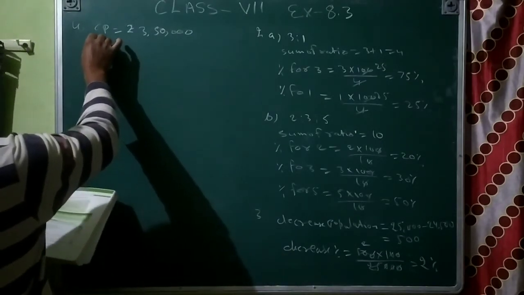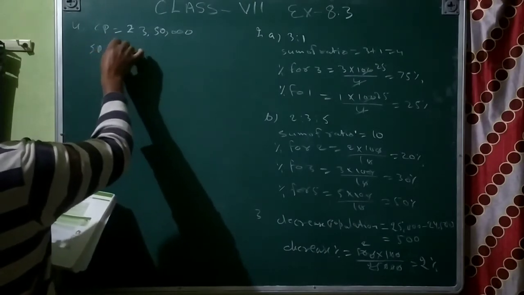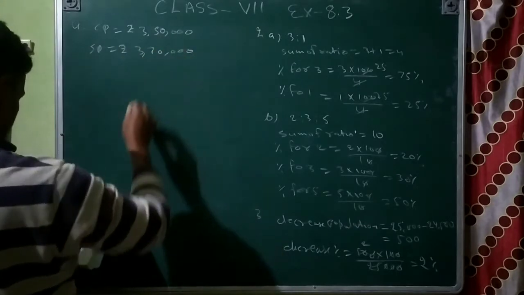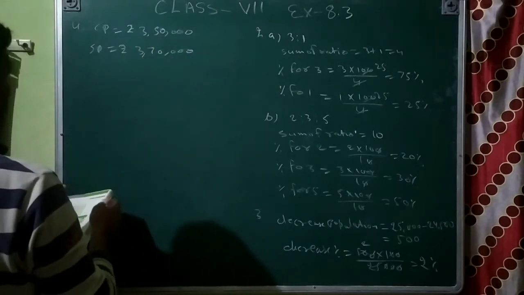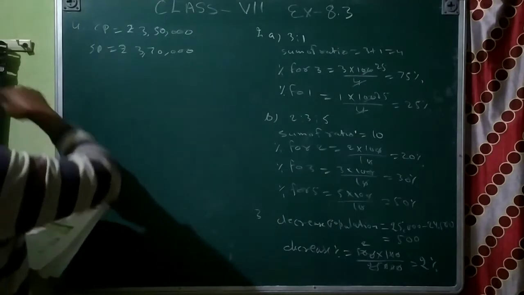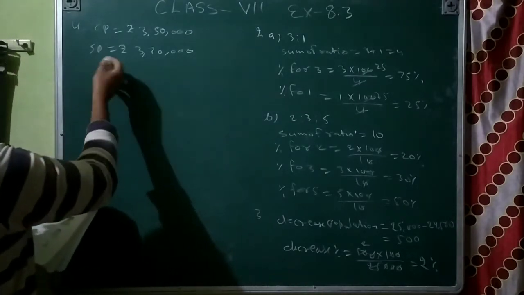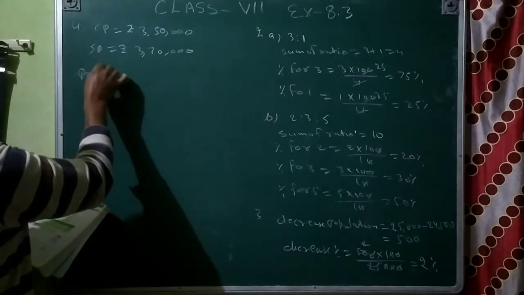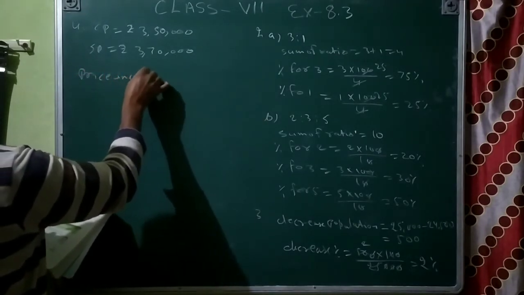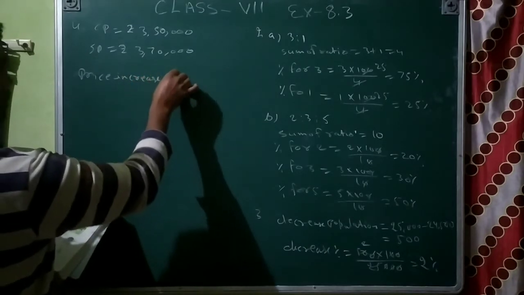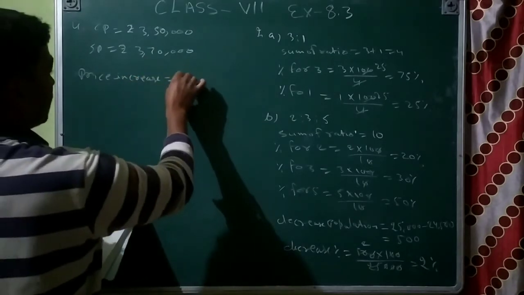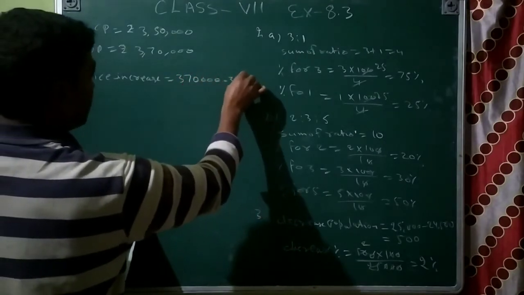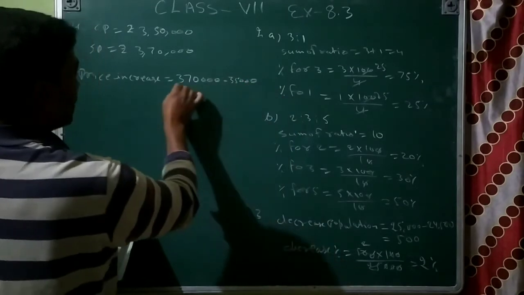Suppose that is the SP, rupees 3,70,000. So the price increased, that is a profit. Price increase is equal to 3,70,000 minus 3,50,000.